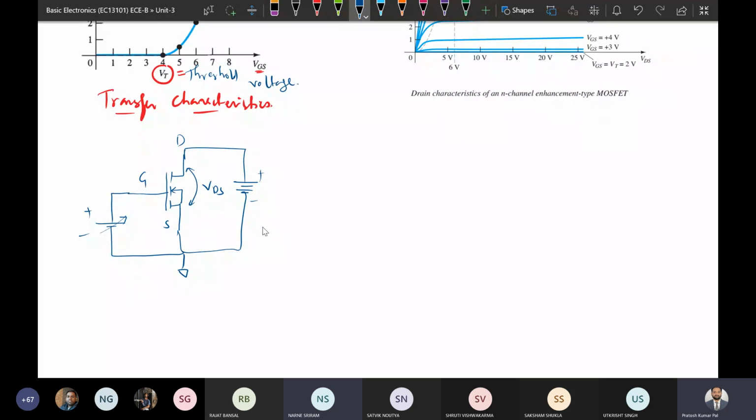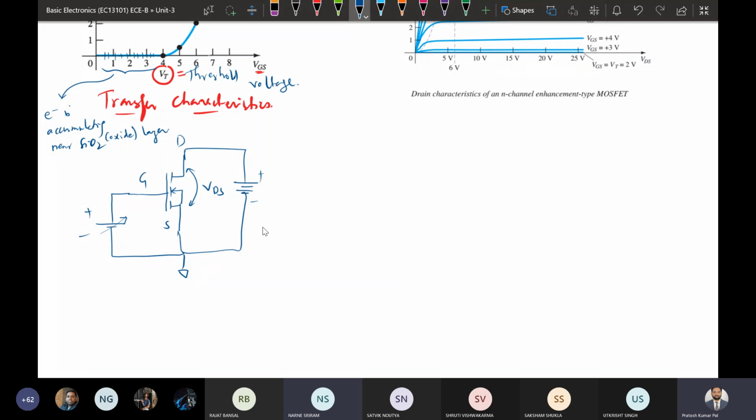As we increase it, there will be accumulation of electrons taking place up to the gate to source voltage that we are applying. In this region, the electrons are accumulating near the SiO2 or oxide layer.